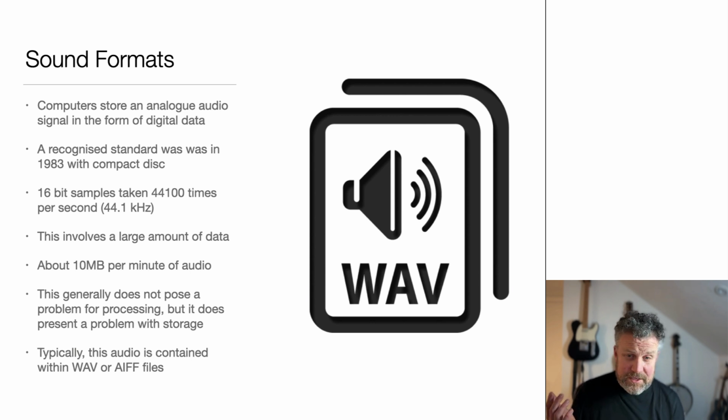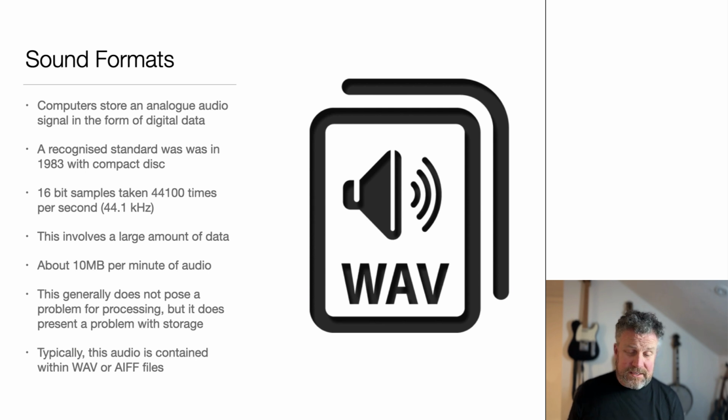So if you had 10 minutes of audio, that would be 100 megabytes of data. If you had 100 minutes, it would be 1,000 megabytes, or a gigabyte of data.